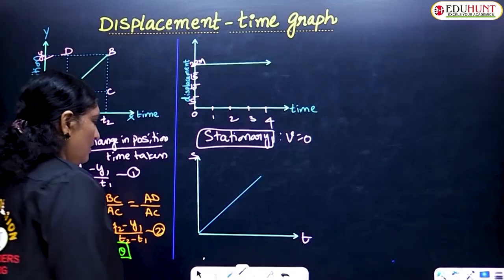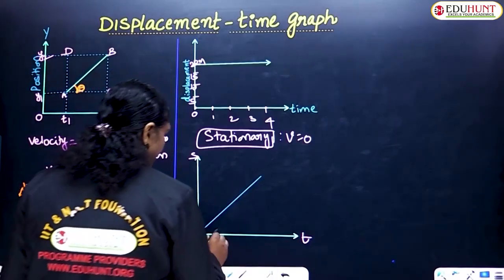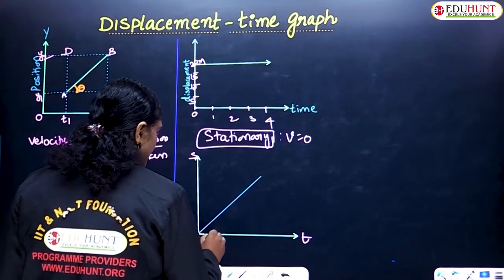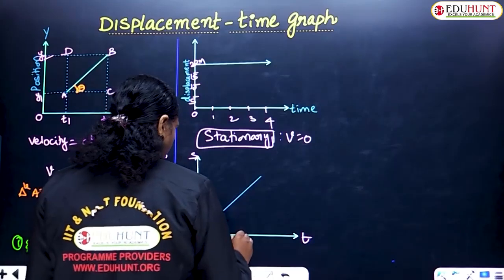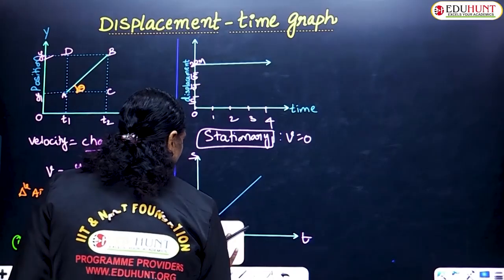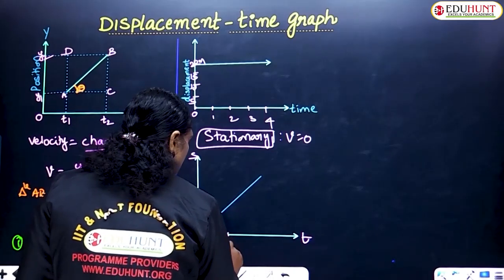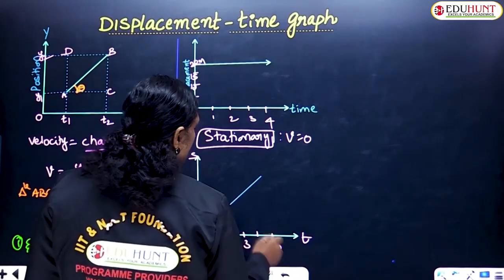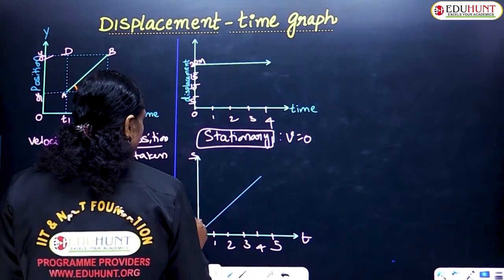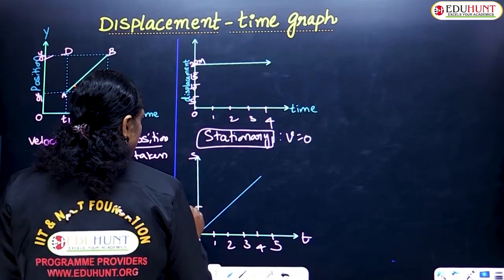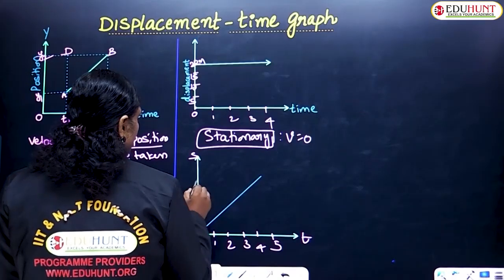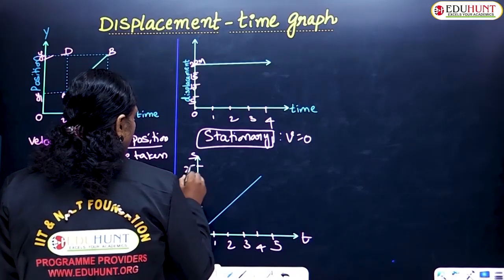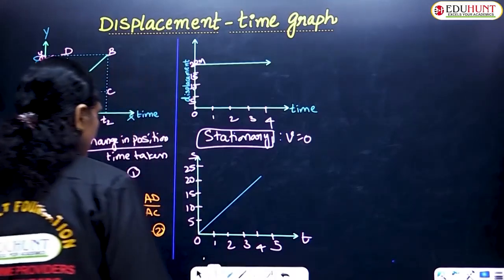Let me give the values: this is 0, here is 5. For time I'll take 1, 2, 3, 4, 5, and so on. Here 5, 10, 15, 20, 25, and so on.